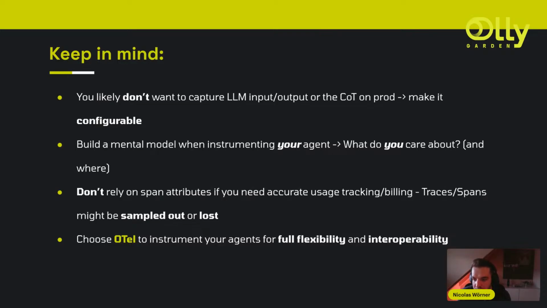The reason why you might easily miss things with that is sometimes some traces might be sampled out depending on your sampling strategy. On production, when you have 1 million agent invocations a day or a month or whatever, you maybe don't want to capture every single trace, but only when something goes wrong.